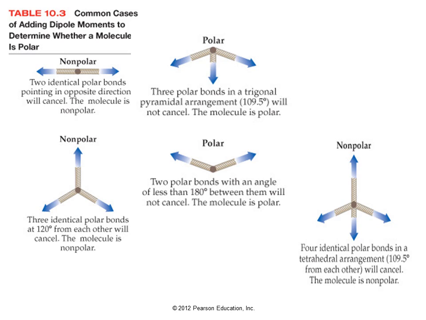So two polar bonds at an angle will not cancel, and therefore we have a polar molecule. However, in a tetrahedron, in which you have the same polarity in all four bonds, they all cancel, and you can have a nonpolar molecule with polar bonds.